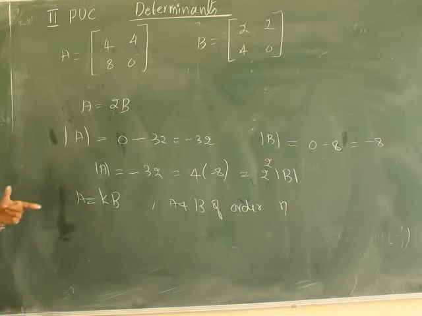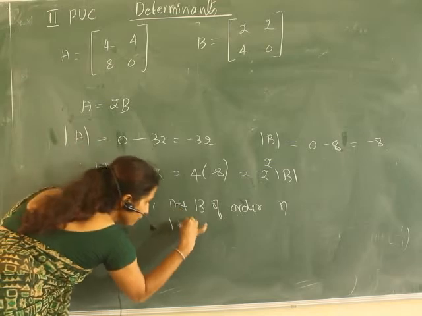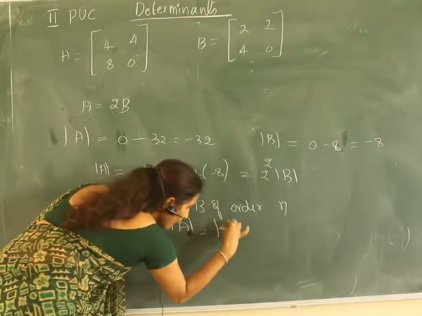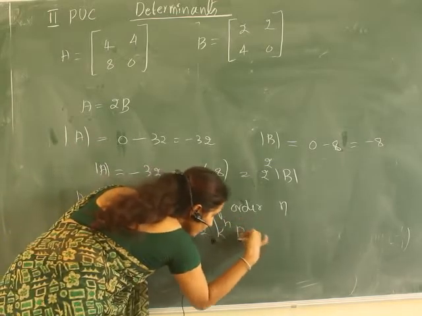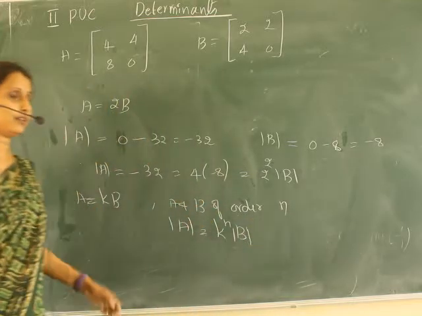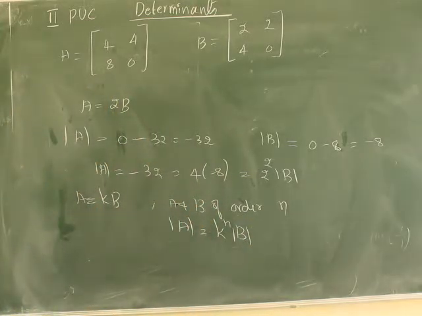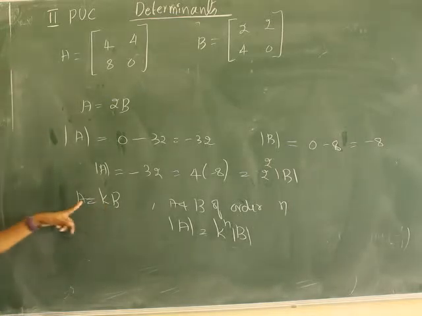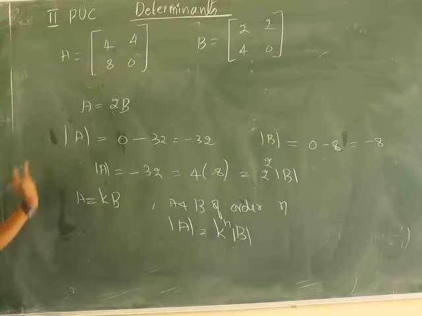Then the relation between the determinants of these two matrices can be written as determinant of A is equal to K to the power n into determinant of B. So what is this K? K is the value showing how A and B are related, and n is the order of the determinant.